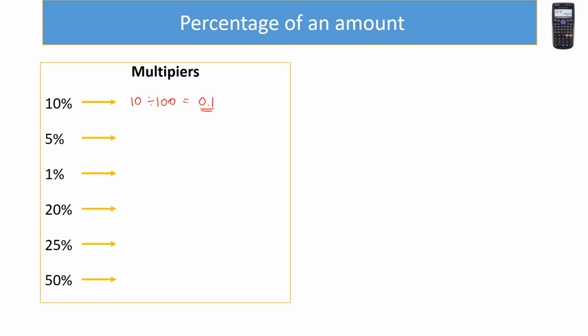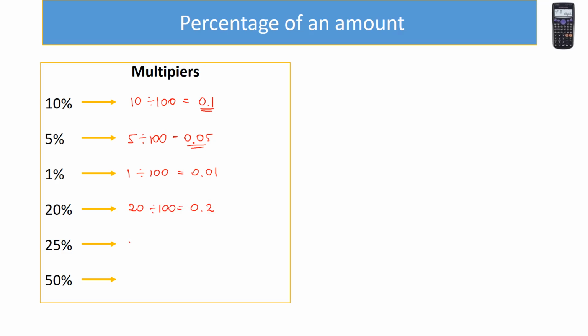For 5%, that's 5 divided by 100, which is 0.05. That's the multiplier that we want to use. To work out 1%, we divide by 100, that is 0.01. To work out, for example, 20%, that is 20 divided by 100, which is 0.2.